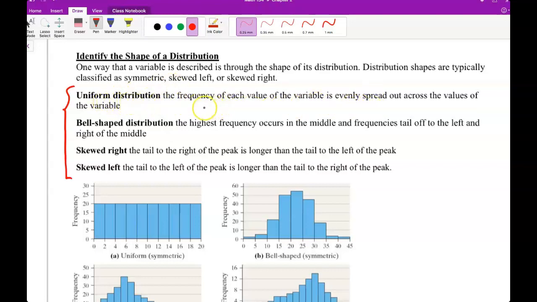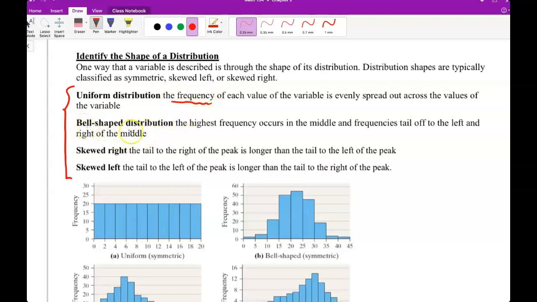For uniform distribution, we have the same frequency, exactly the same number for frequency. The frequency of each value of the variable is evenly spread out across the values of the variable. So here we have exactly the same number for frequency.